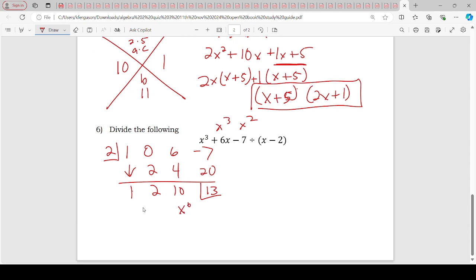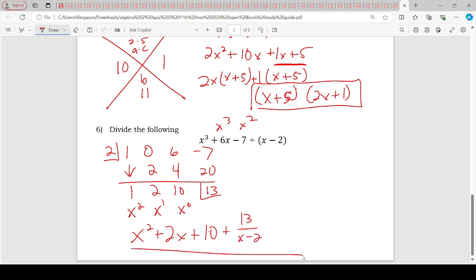So I got x to the 0 power, x to the first power, x to the second power. So that's x to the second power, because there's a 1 right there, which we don't have to write, plus 2x plus 10. That's my all of those. And then I also got to put my remainder in there. 13 over x minus 2. And that's my answer.